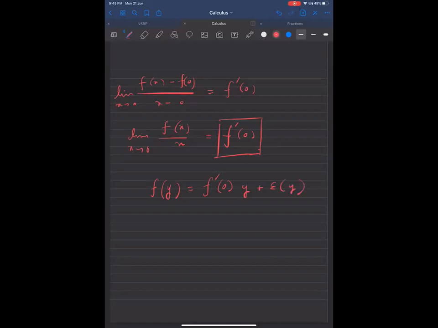This might not be exact. So what we really do is, let's do it this way. We define epsilon of y to be something like this: f of y. So that's what we define.